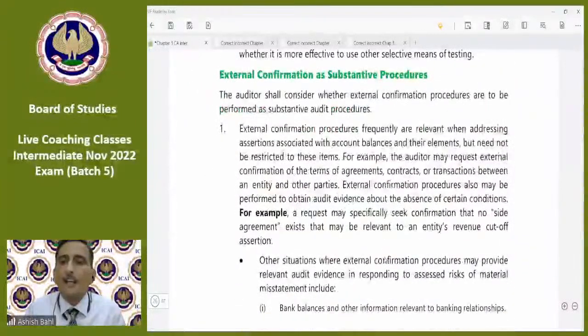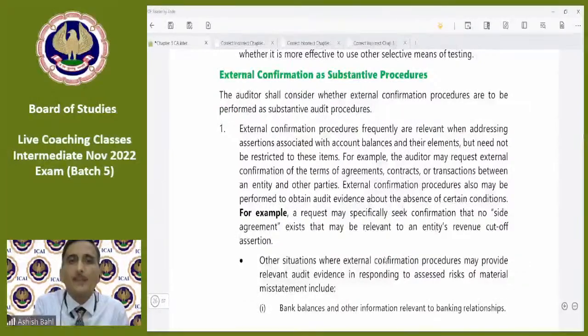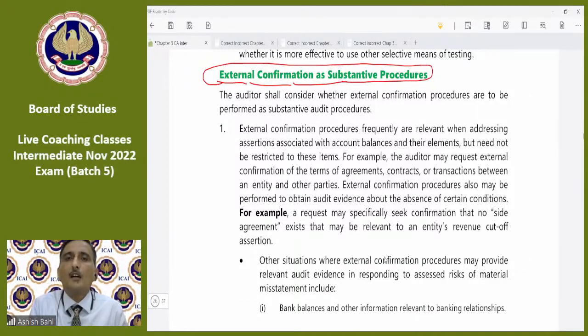Now we shall be reading about external confirmation as a substantive procedure. We had learned, students, while discussing audit procedures, what external confirmation was.